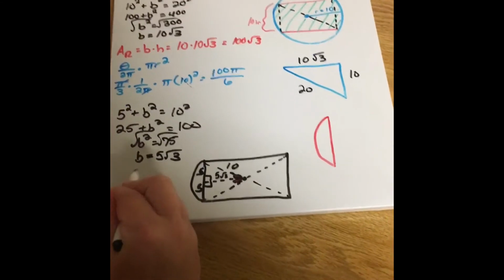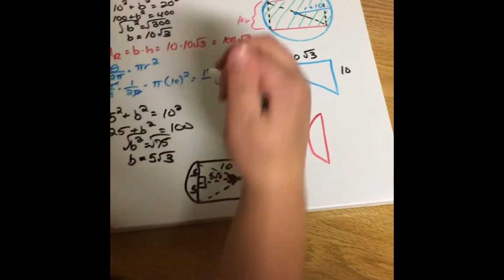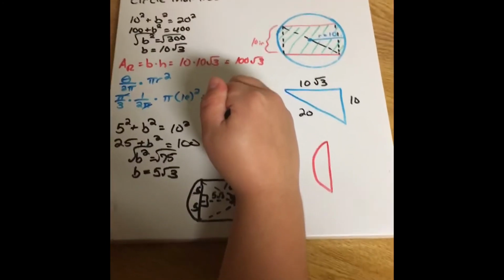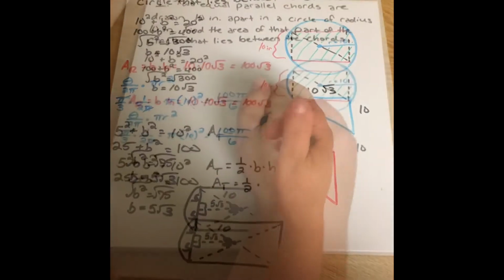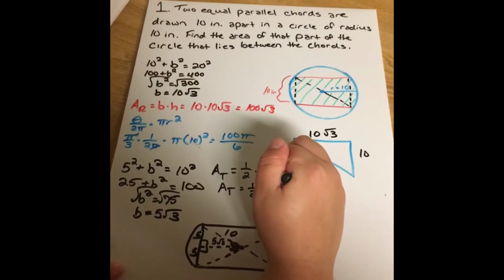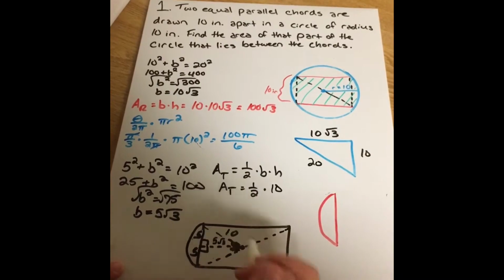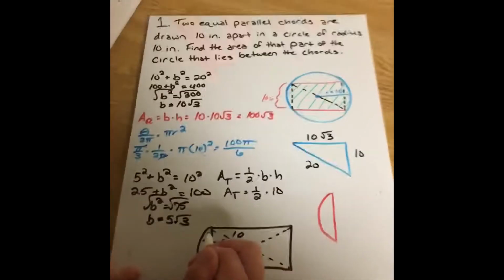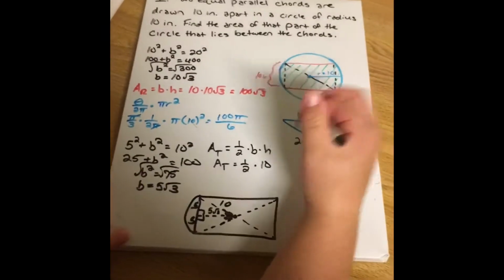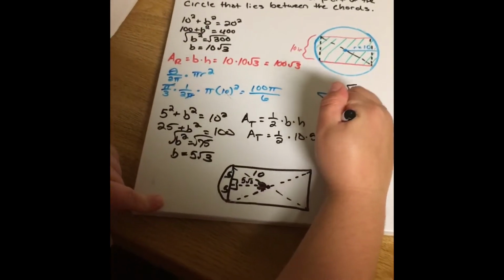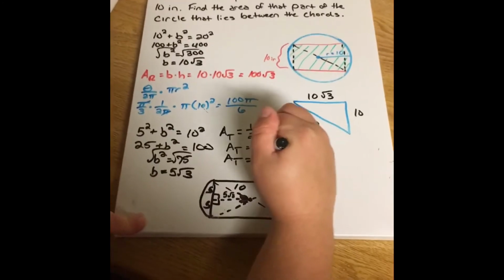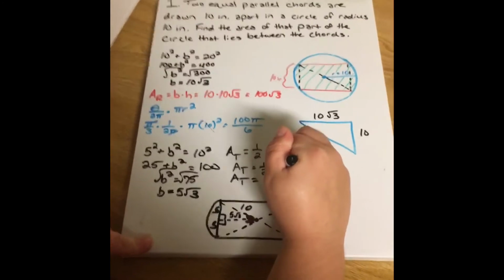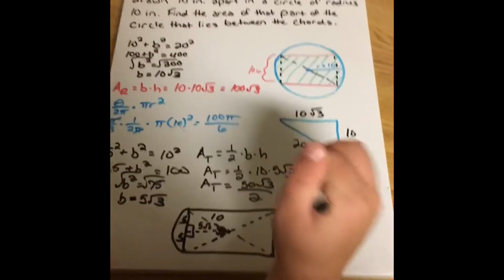So, now that we know this, we can find the area of this triangle. I'll use T for triangle, which is 1/2. So the area of our triangle is 1/2 times 10, which is your base, because we're finding the area of this whole entire triangle, not just one of these right triangles, times 5√3. And you get the area of the triangle equals 50√3 over 2.